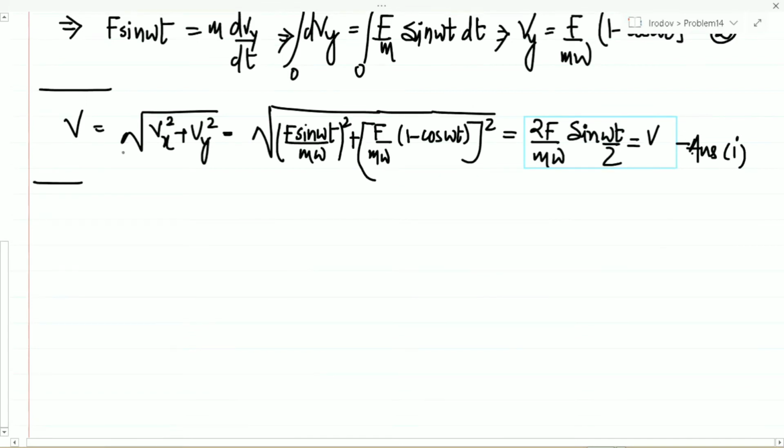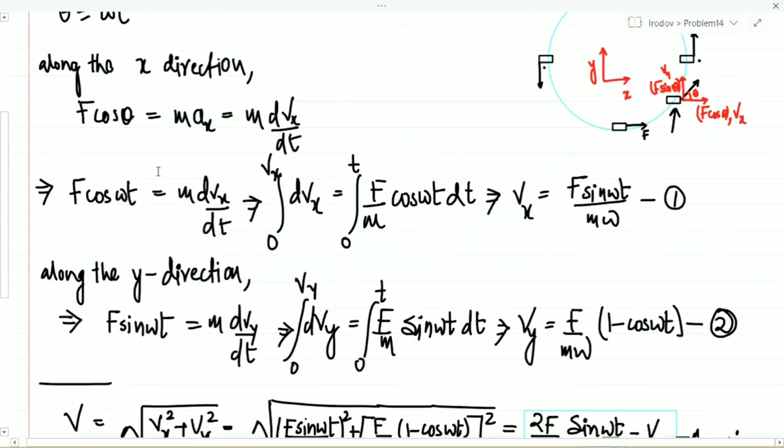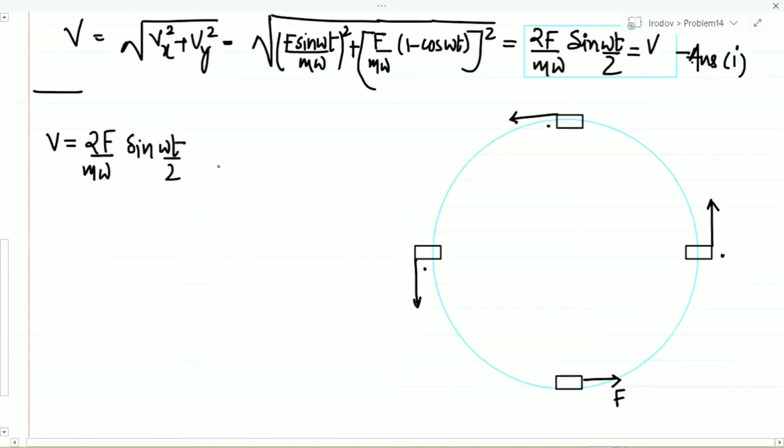Now we will get to the second part of the problem. Looking at the equation of velocity, we can easily see that velocity assumes the value 0 at omega t by 2 equal to 0 or at omega t by 2 equal to pi.